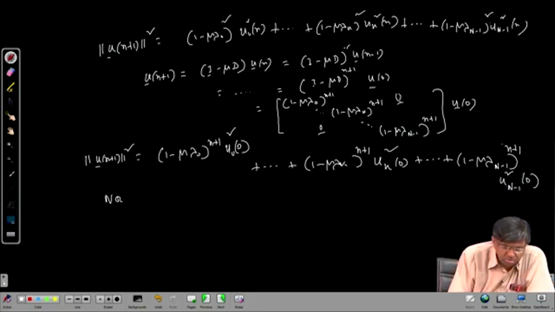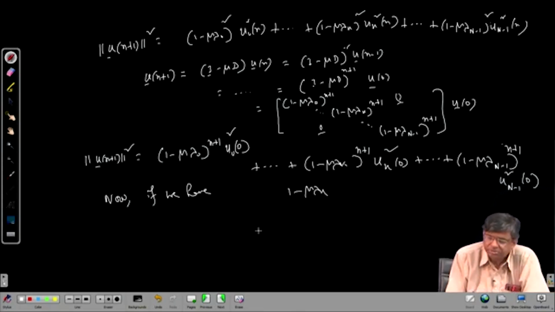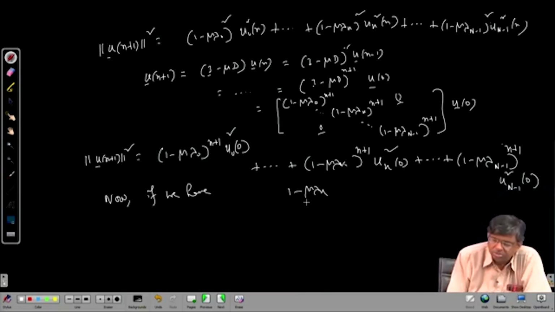Now, if we have (1 − μλk), if its magnitude lies between 0 and 1, then as we power it up, n to n plus 1 to n plus 2 to n plus 3, n plus 4, this goes down, because it is less than 1 in magnitude. Suppose it is a half, or 1/3.